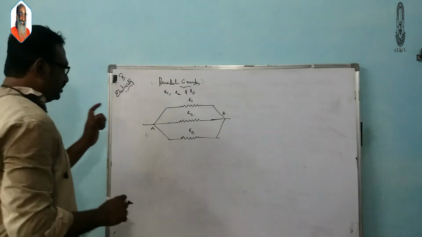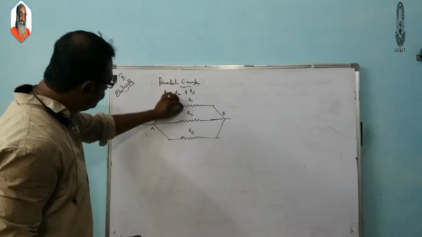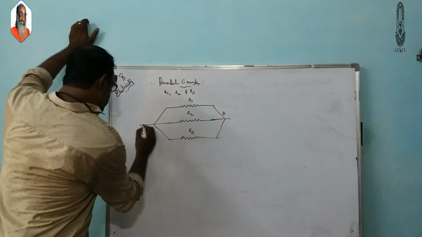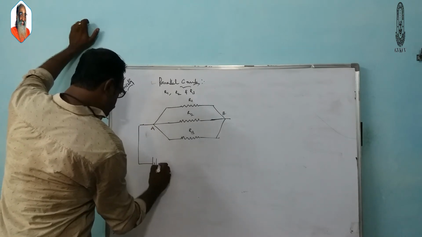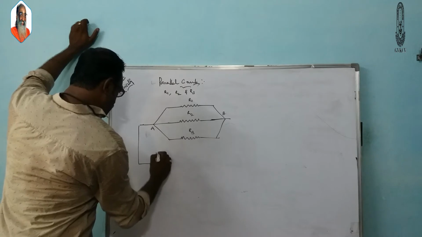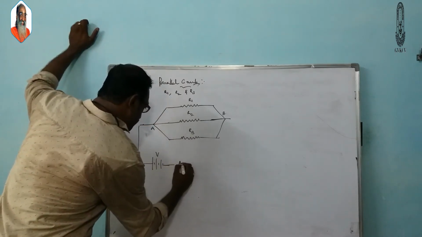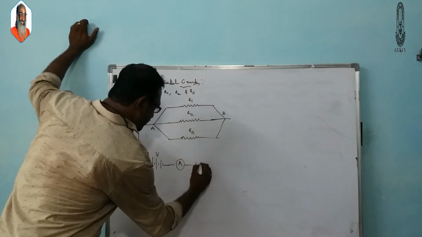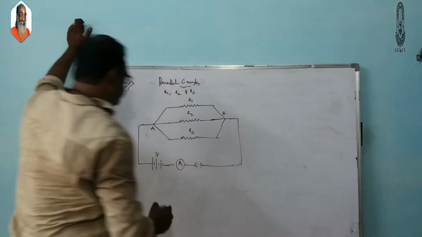Now here we want to find the effective resistance due to these three resistances. So for this, we are going to form a circuit here connected to a battery which provides a voltage V, an ammeter to know the current in the circuit, and a plug key is arranged here, and a circuit is formed like this.